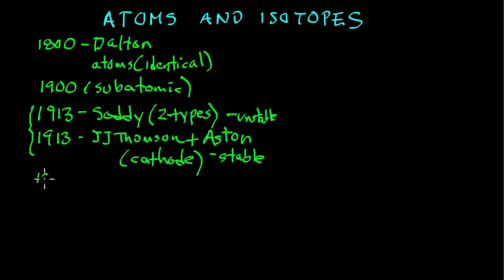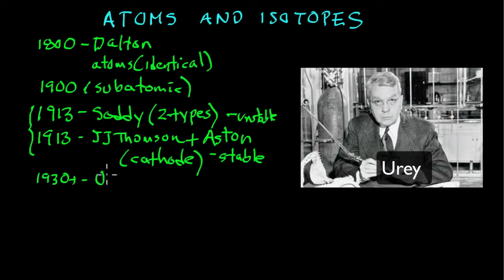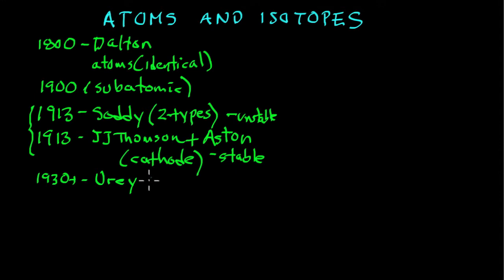And about the year 1930, 35, we had a great American scientist, Harold Urey. Urey discovered a variation in the weight of hydrogen. He discovered hydrogen with a mass of 2. It was called deuterium.